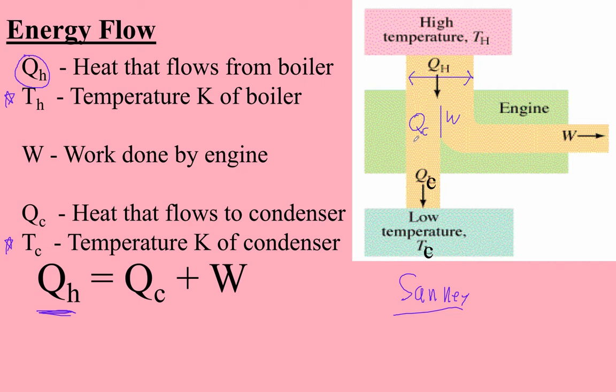QH is just QC, the width of this branch, plus the width of this branch here, work. So this branch represents the amount of work you get. This is like an energy flow diagram. That's how much work you get.